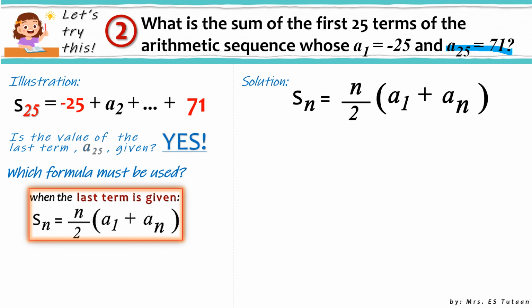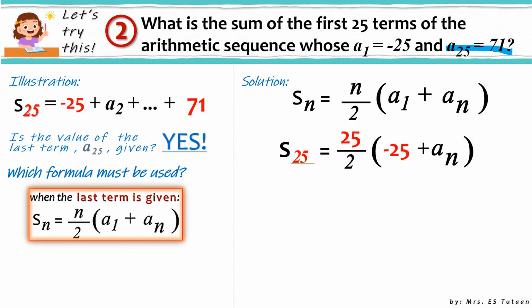So, sulat natin yung formula para hindi tayo malito sa ating pag-substitute. So, S sub n, ang n natin ay 25, is equal to n divided by 2. Ang ating n ay 25 times the sum of the first and the last term.